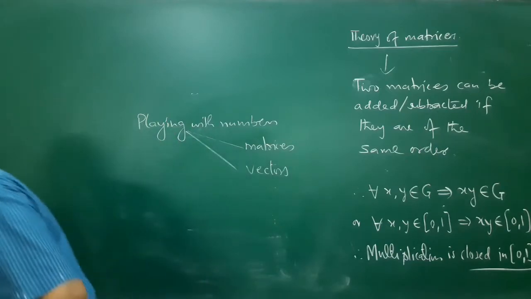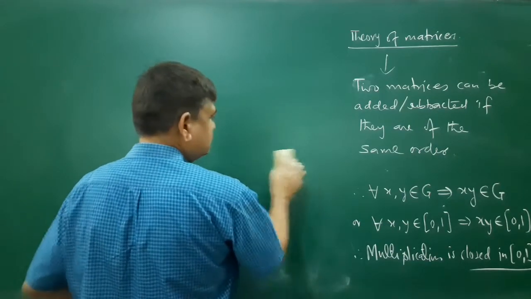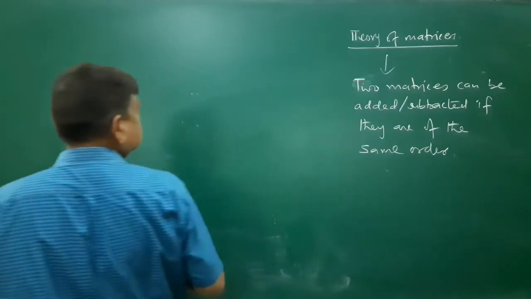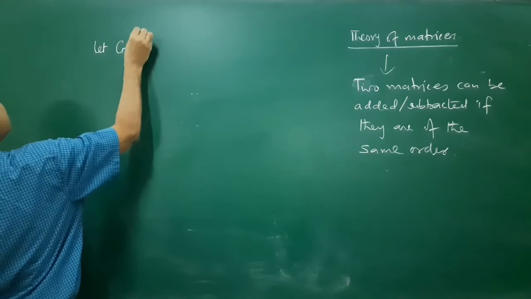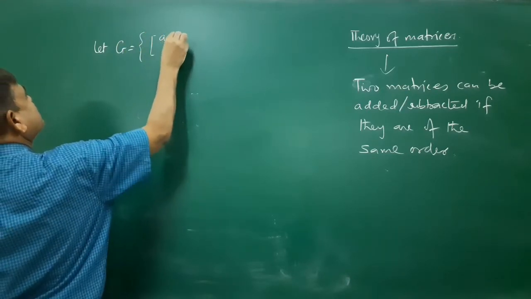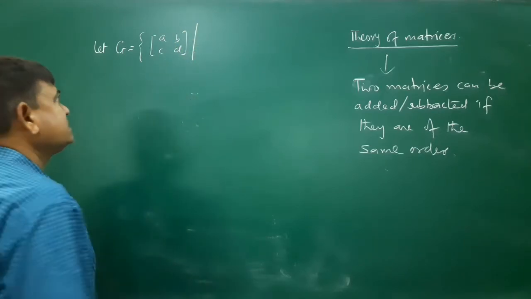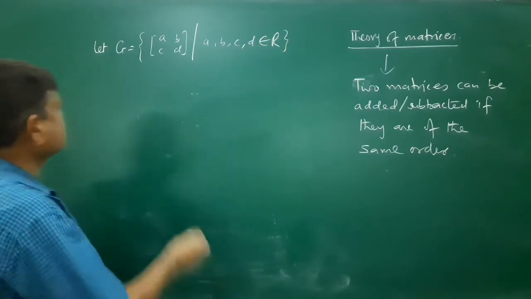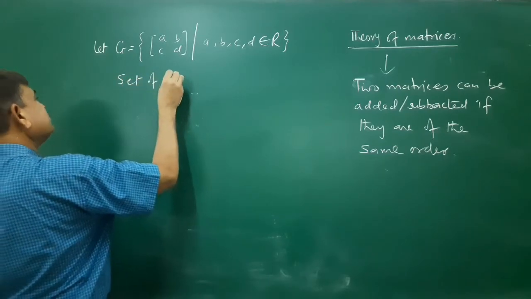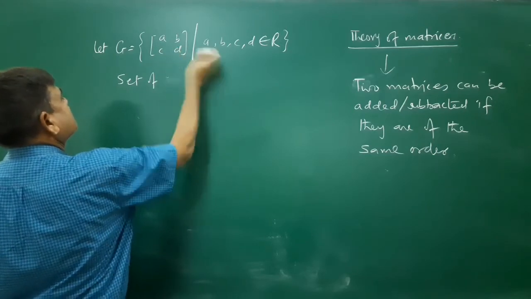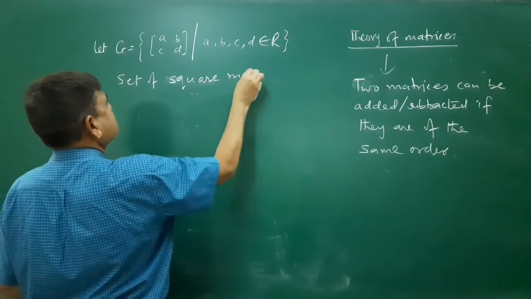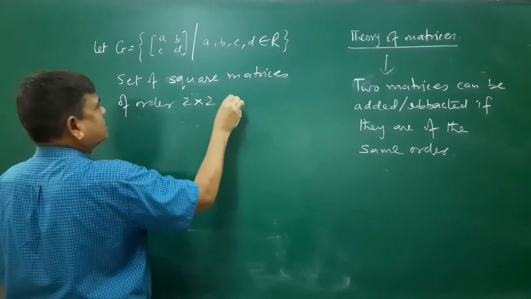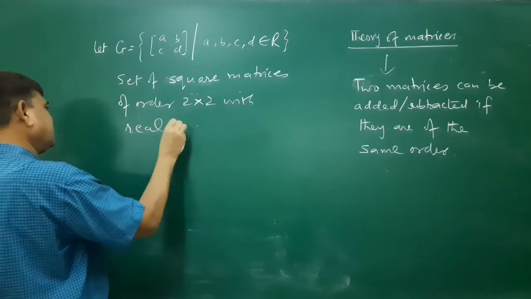Okay, now listen. Let Z be a set of 2 by 2 matrices belonging to R. Set of, but to write like this, square matrices of order 2 by 2 with real entries.